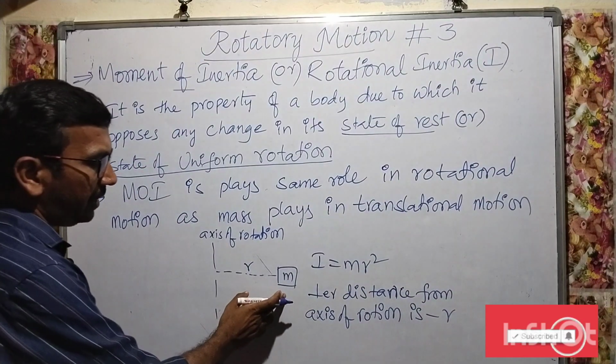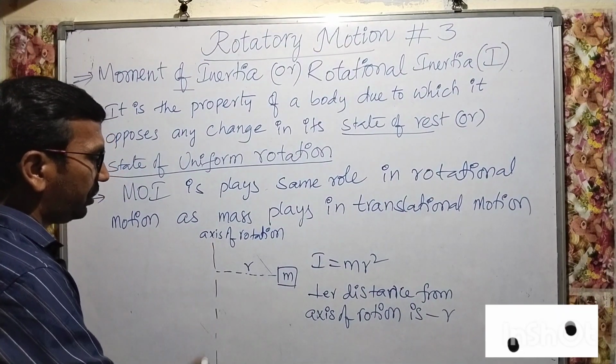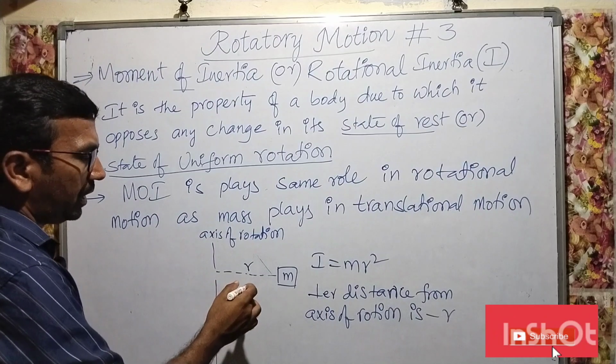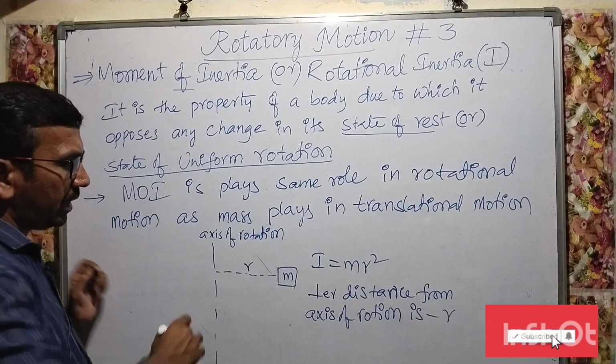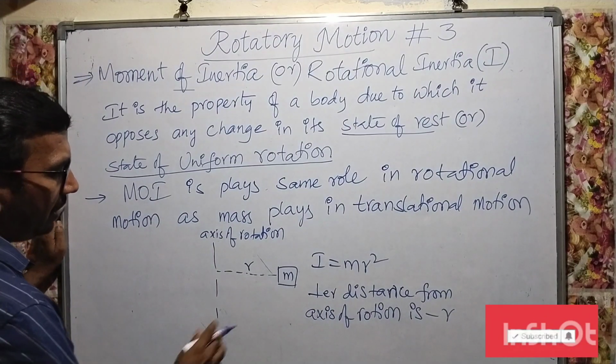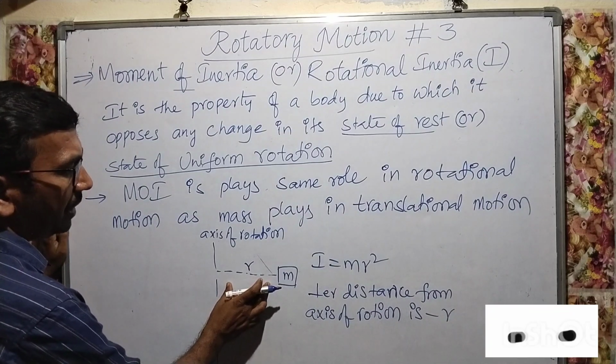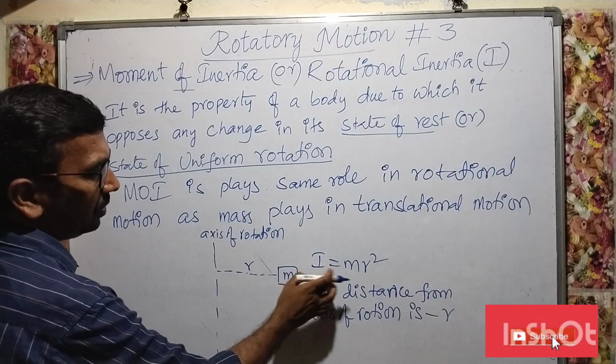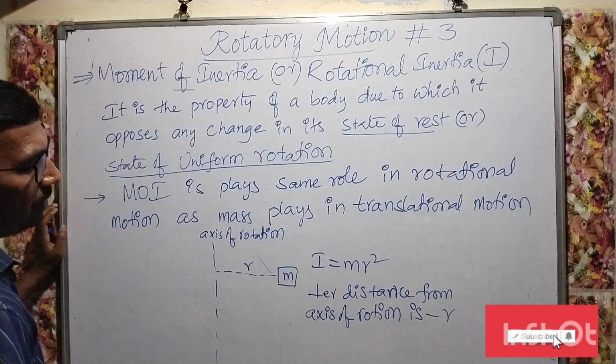For a particle of mass m rotating about a fixed axis at a distance r, the moment of inertia is I equal to mr square.